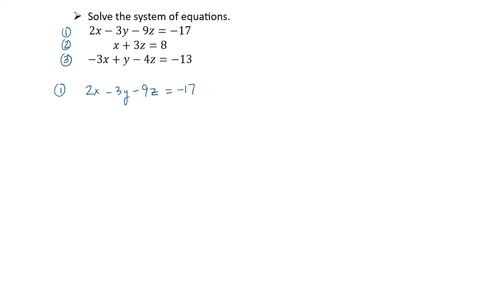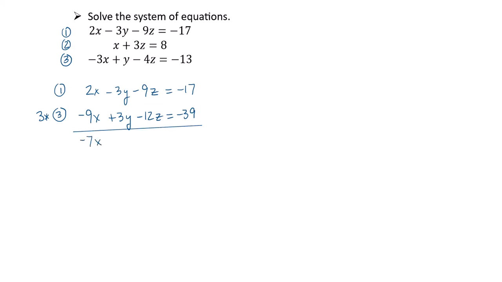and with equation 3, if I can multiply it by 3, then that is going to give me an opposite coefficient on my y. There we go. So let's go ahead and add those.